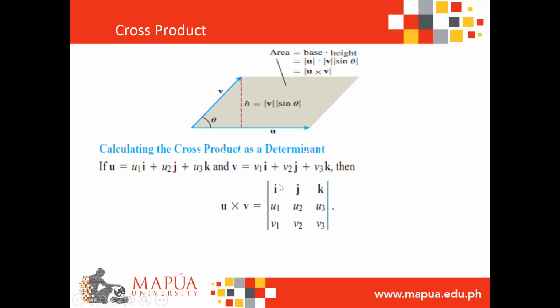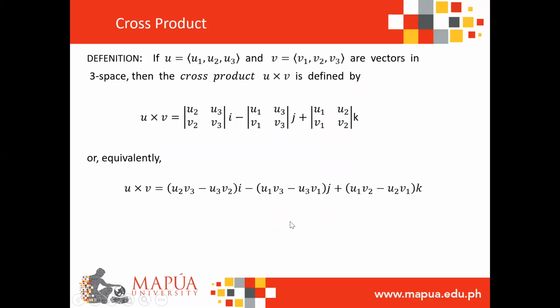And we know that in finding the determinant of a 3 by 3 matrix, we can use the methods that we have learned in linear algebra, and that is cofactor expansion about a row or a column. So in here, we're going to select the first row for the cofactor expansion.